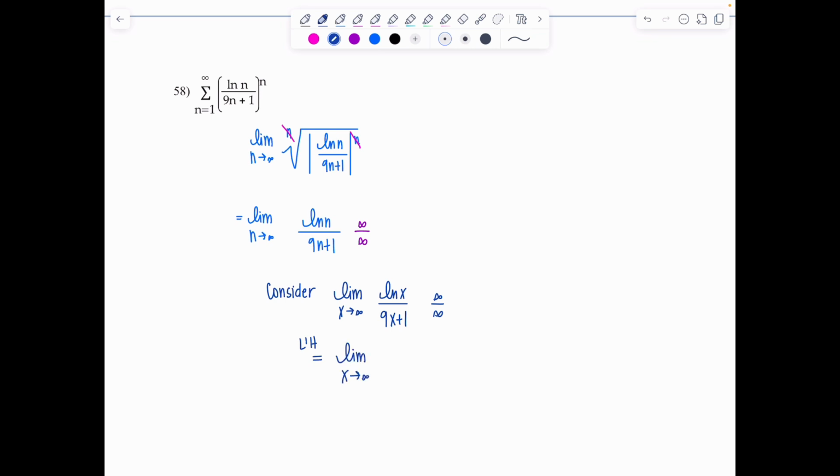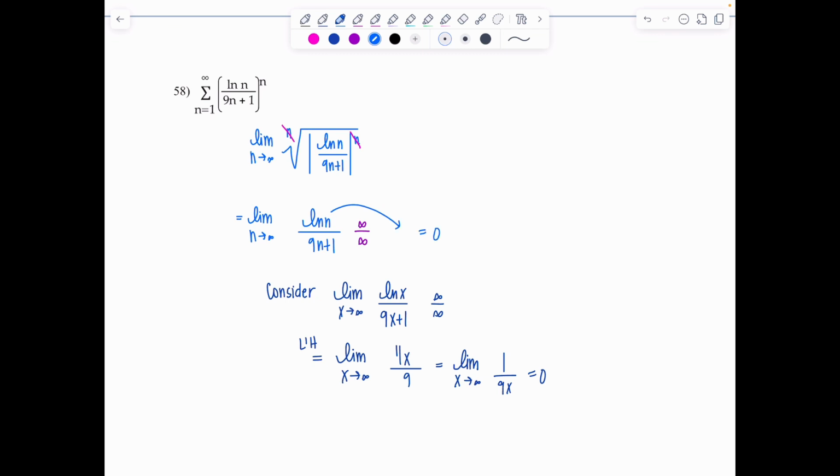So limit x goes to infinity, derivative of the numerator, ln of x, is 1 over x. And the derivative of the denominator is just 9. So this is the limit as x approaches infinity of 1 over 9x. That's 0. So that tells me this limit here is 0.